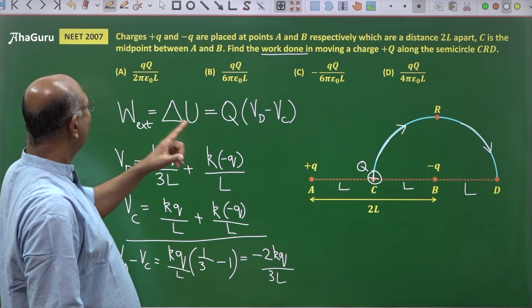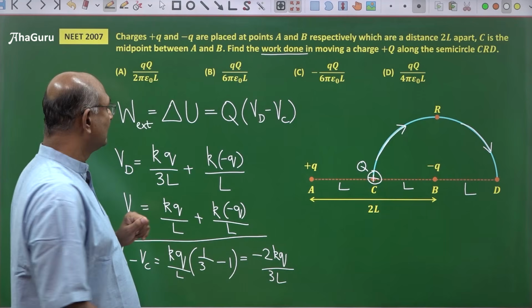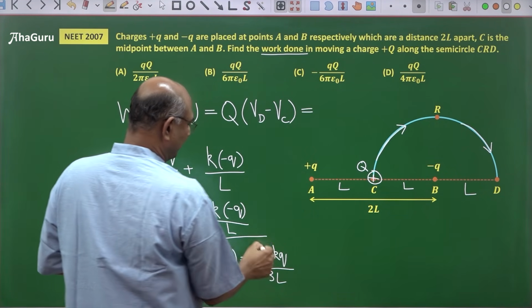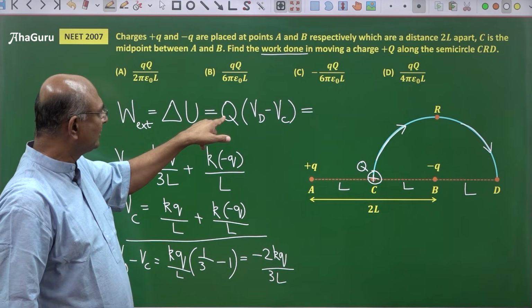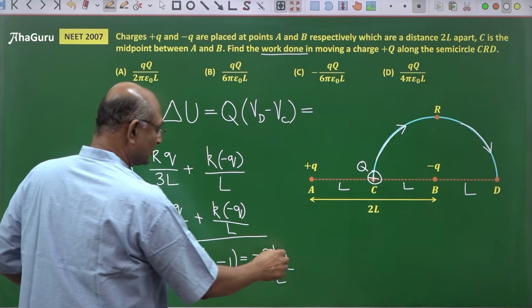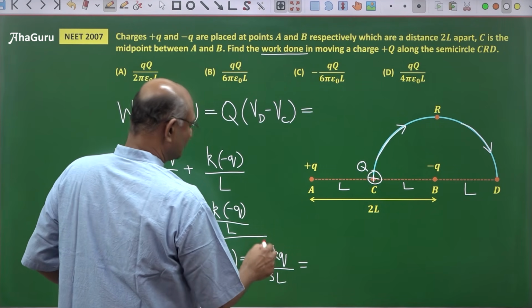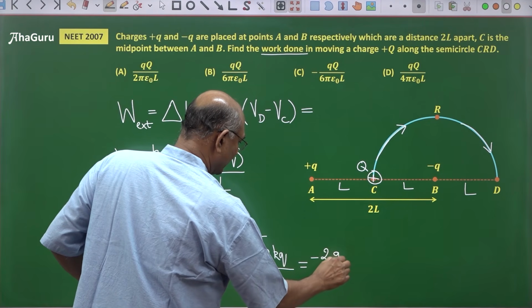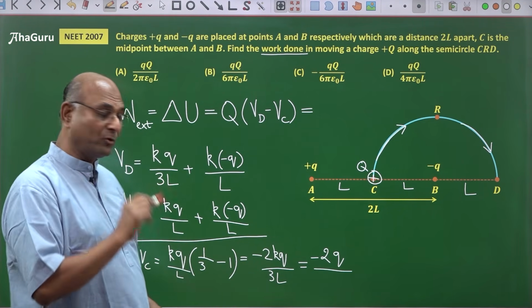No, I don't want that. I want work done. Well, that is capital Q times this. So all I have to do is to multiply this with capital Q. That's it. Everything is written in terms of epsilon naught, so let me also do that. If I write minus 2Q, and what is K? K is 1 by 4 pi epsilon naught.